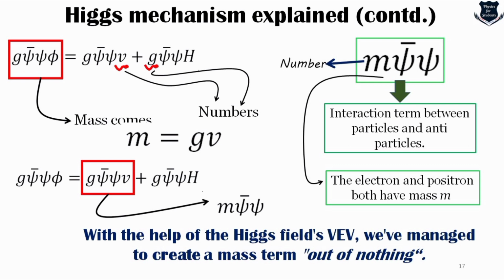What we have done is equate the numbers g and v with m, because these are two numbers, and when we substituted m equals gv, it becomes m psi bar psi, where psi bar is the anti-particle and psi is the particle, and m is actually the number, and it shows how we get a mass. Although this is not a very strict definition, it is a nice analogy to understand how the Higgs field produces mass.